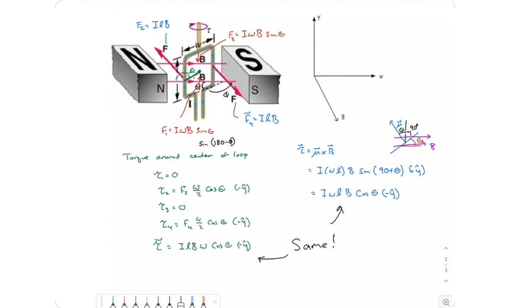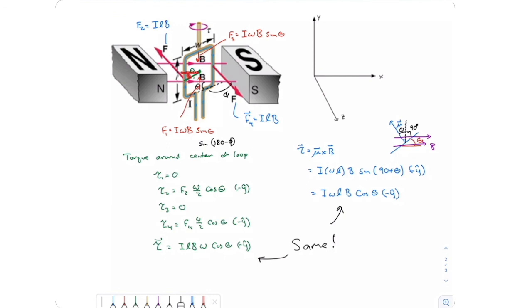Cosine theta comes from the fact that the lever arm for this force is the perpendicular distance from this line of the force to my axis. So it's this distance right there. W over 2 is the distance to the wire, but only a fraction of that represents that perpendicular distance.